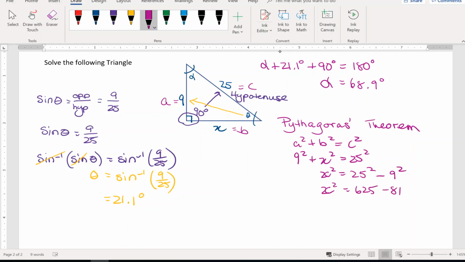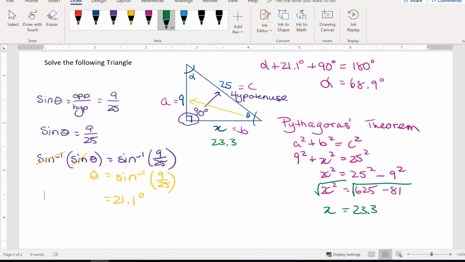Now in order to isolate x and get rid of that square, we need to take the square root of both sides. That gives us x here because those cancel each other out. And when we work this out on our calculator, we should get 23.3. So this side here is 23.3 units.